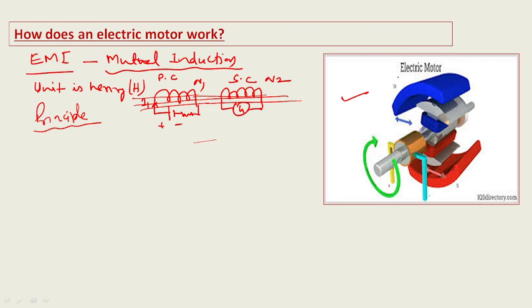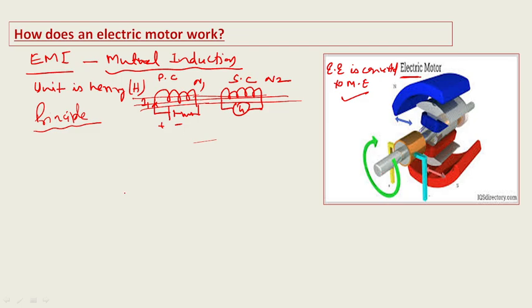When the word electric is used, it means an electrical supply is needed to work. Whereas in a generator, mechanical energy is converted to electrical energy, in a motor, electrical energy is converted to mechanical energy. It means that the shaft will rotate.